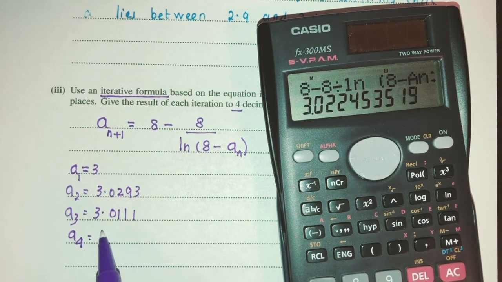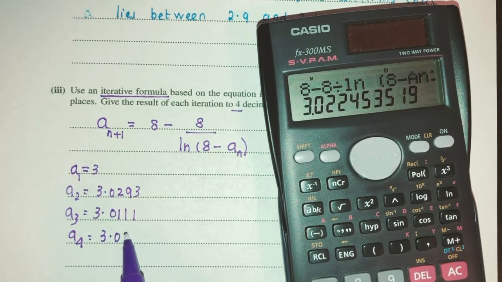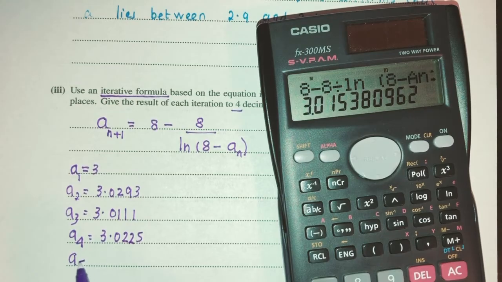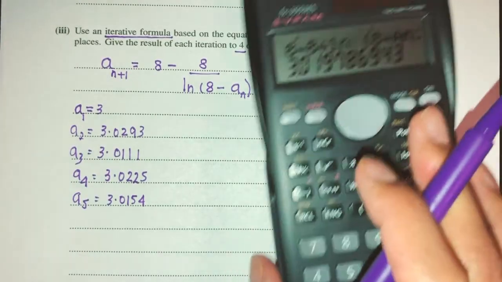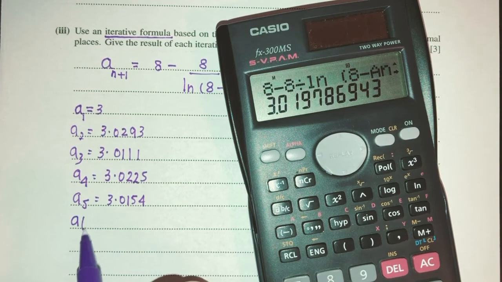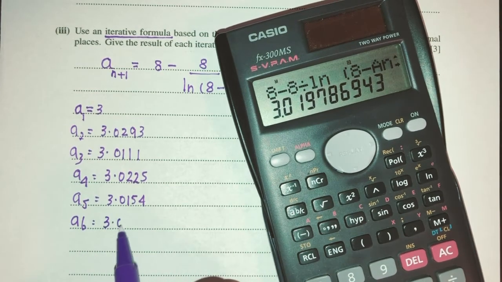A4, 3.0225. A5, 3.0154. Then we have A6, 3.0198.